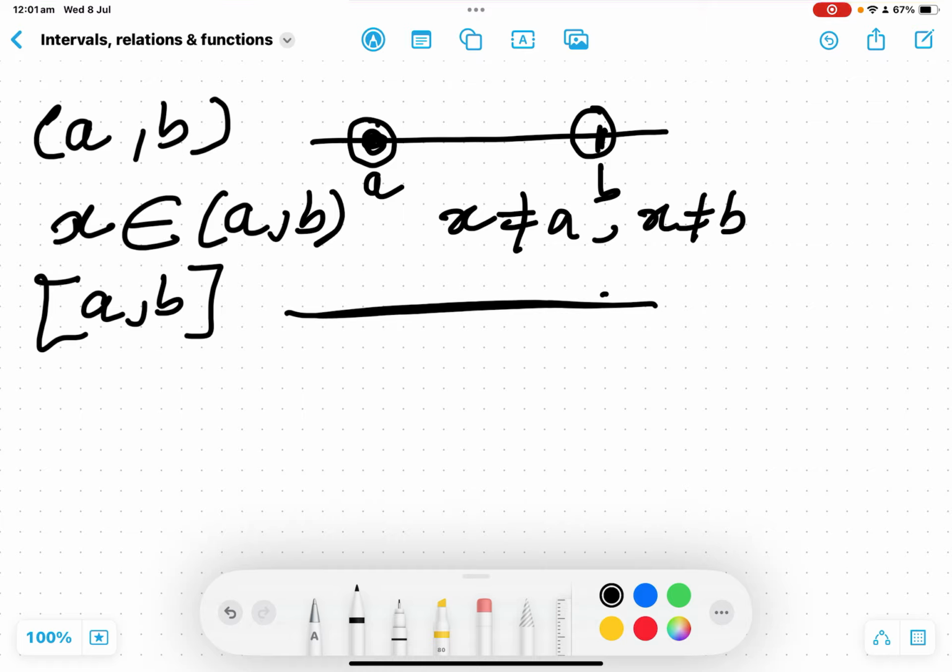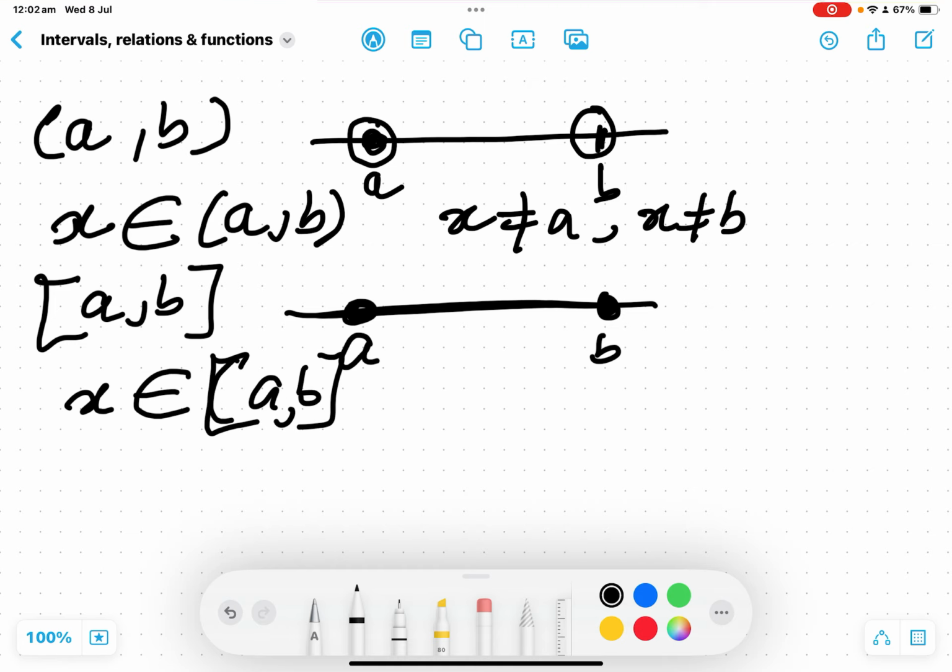In the number line, if we denote A and B, and let's say X belongs to the closed interval [A, B], that means all the real numbers in between A and B, and X can equal A or X can equal B. Any number in between A and B, including A or B.